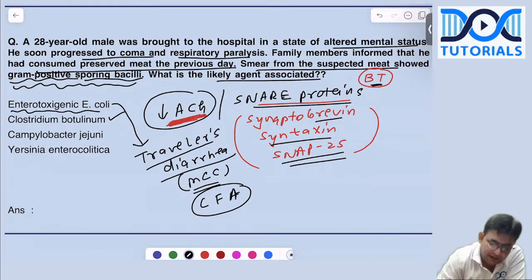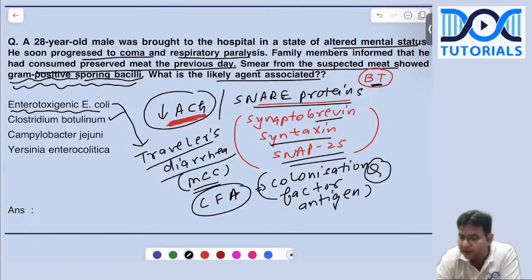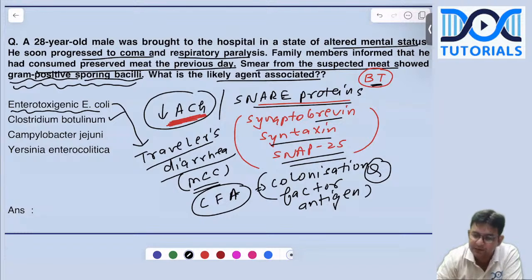And what is CFA? Colonization factor antigen. This might be seen in the exam. Colonization factor antigen is used in enterotoxigenic E. coli.